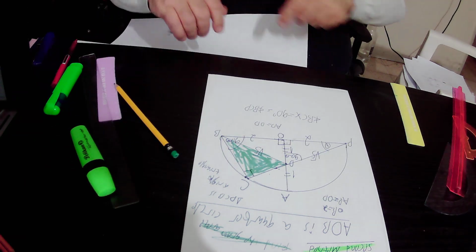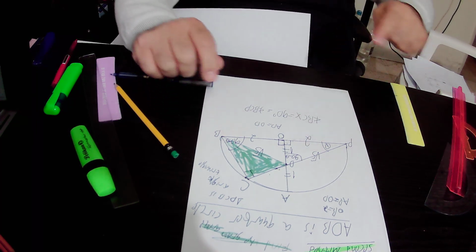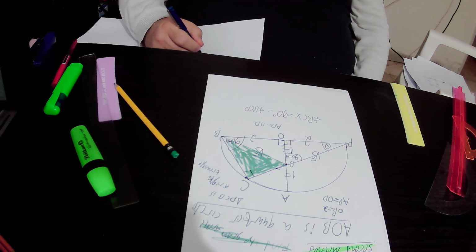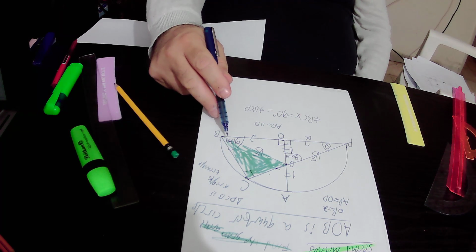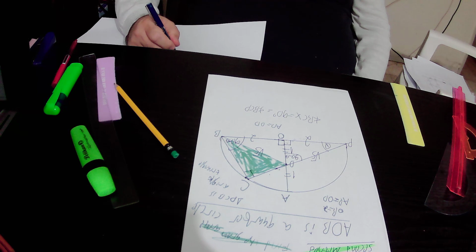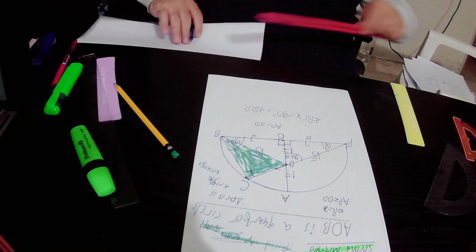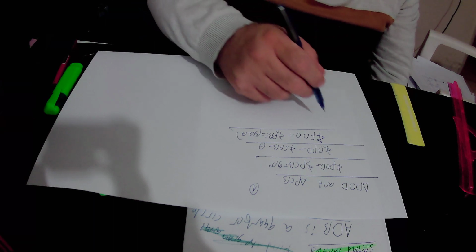Finally, those two angles are both equal to 90 degrees minus theta, therefore they are equal to each other. So angle PDO equals angle PBC, and they are both equal to 90 degrees minus theta.